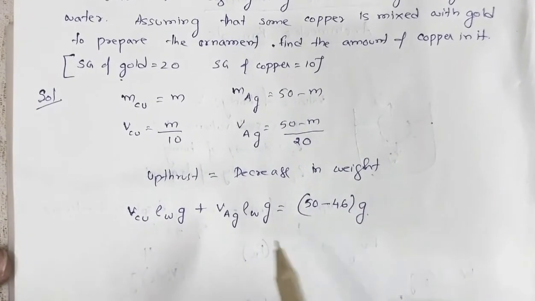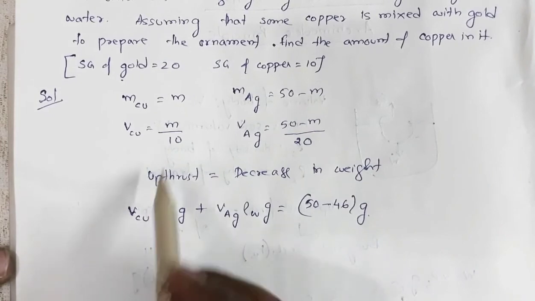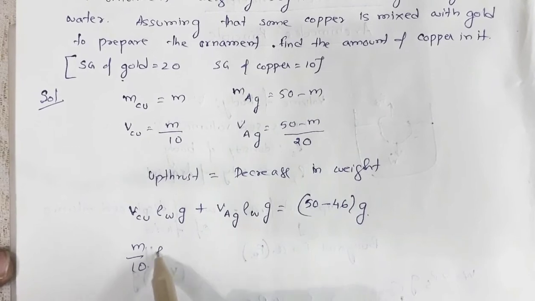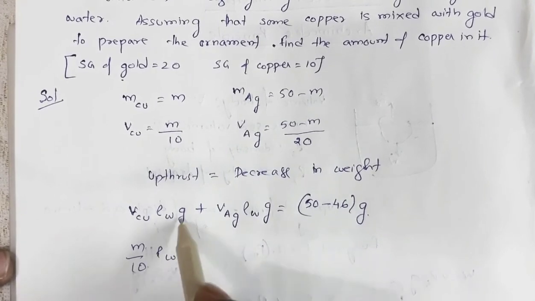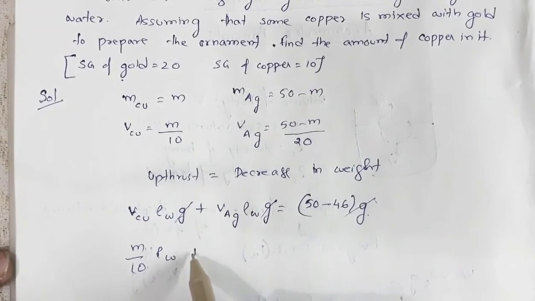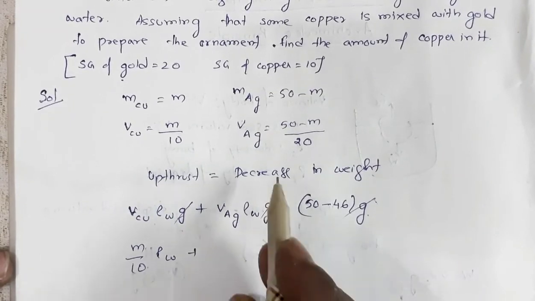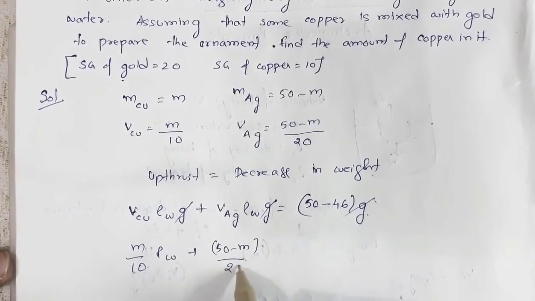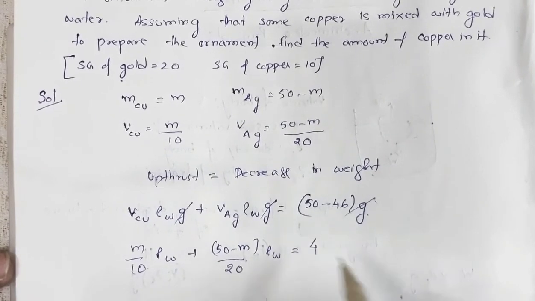Now what is Vc? It is m by 10, times density of water, g; all g cancels out, plus Vg, which is 50 minus m divided by 20, is equal to 4.